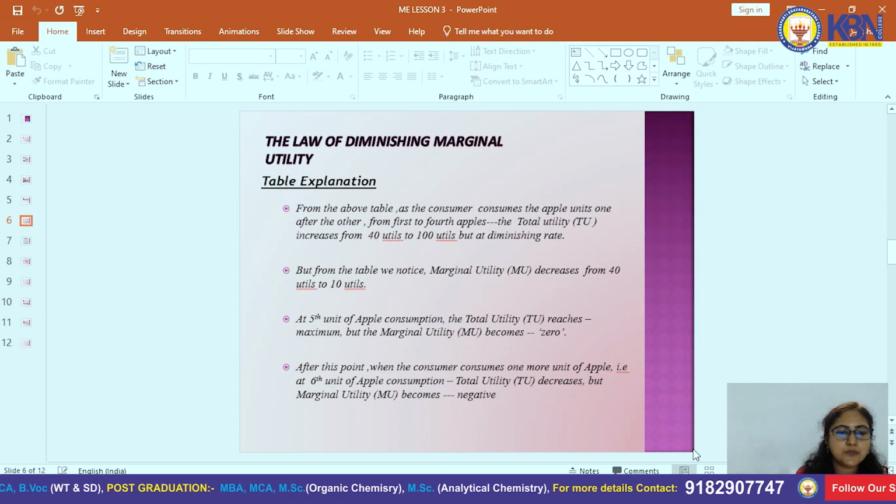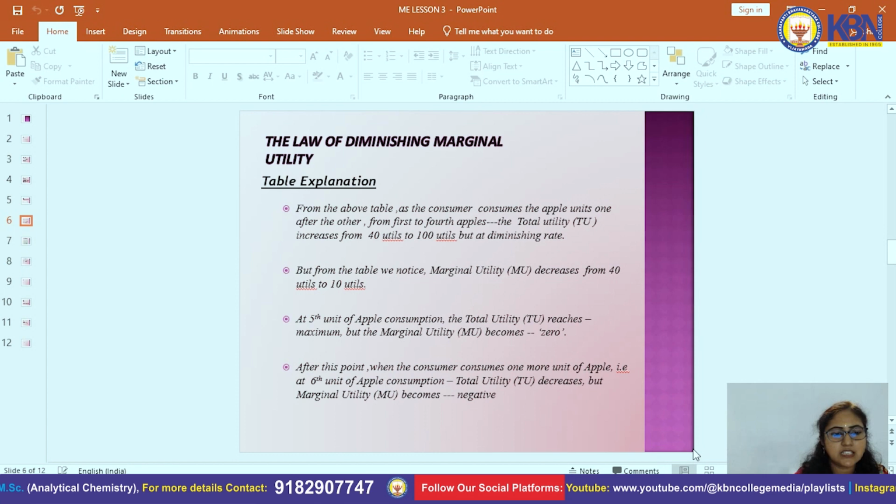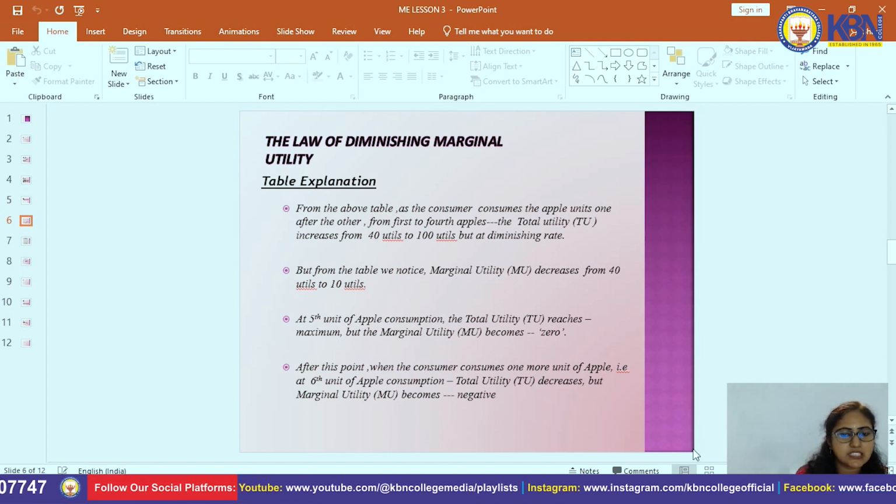After this point, when the consumer consumes one more unit of apple, that is, if we again offer the same consumer the sixth unit of apple without any break, we notice that the total utility decreases, and the marginal utility, indicated by MU, becomes negative.